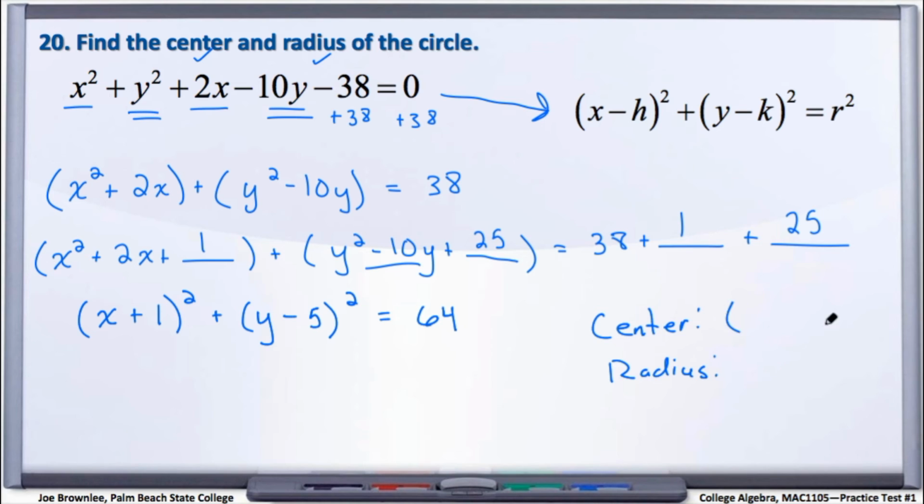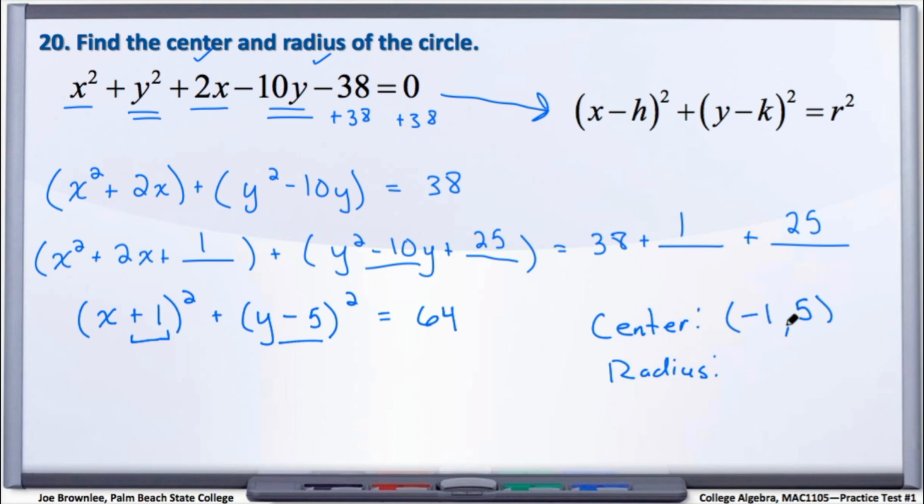And we know from earlier videos, if you watched them, that the shortcut method to identifying the center, if you have the center-radius form, is to just take the opposite of the constant associated with the x. In this case, we're given a positive 1, so we're going to have negative 1. Here we have a negative 5 associated with the y, so we're going to take the opposite, or a positive 5.